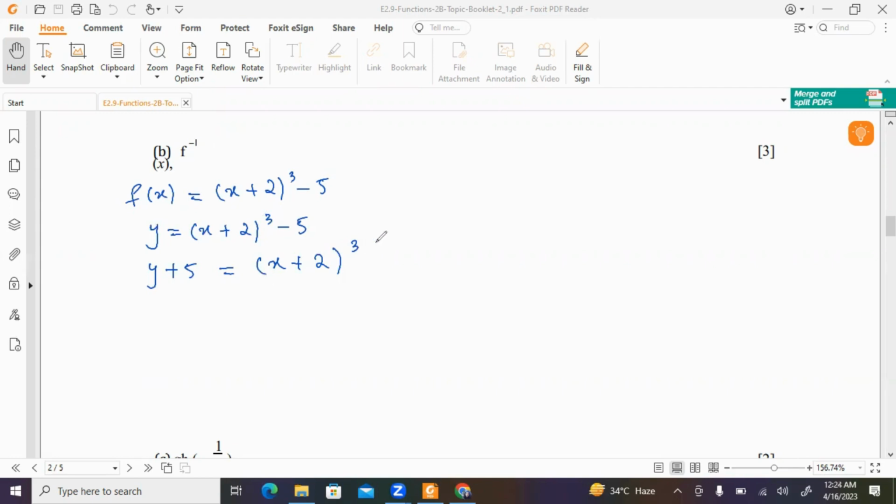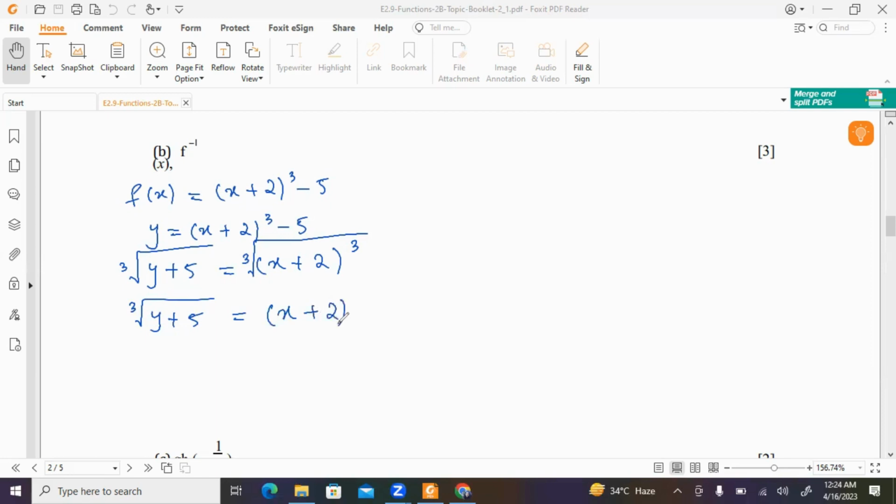Now to get rid of the cube, I'm going to take the cube root on both sides. So the left hand side becomes the cube root of y plus 5, whereas the right hand side becomes x plus 2.